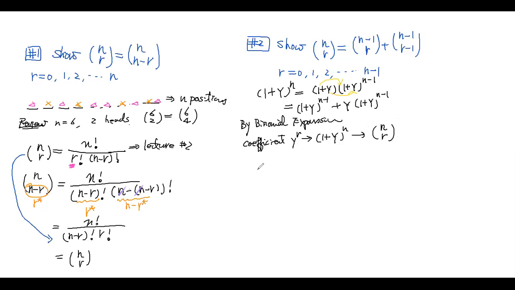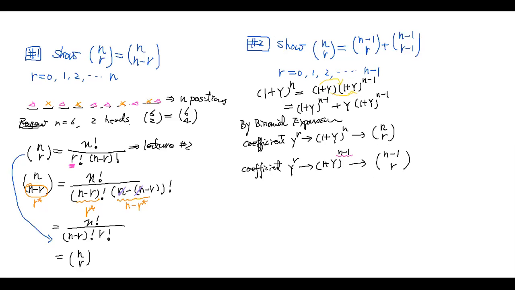Now let's take a look. The coefficient of y to the r in this expansion, 1 plus y to the n minus 1. What is the coefficient here? Well, still the same, right? Because right now you only expand the n minus 1 here, the coefficient will be n minus 1 choose r, right?